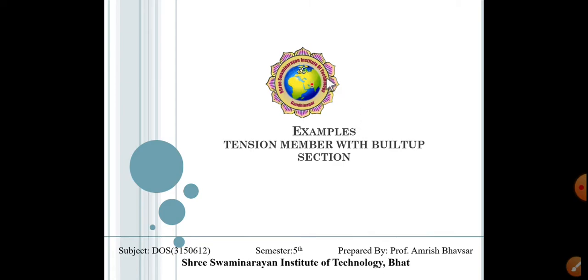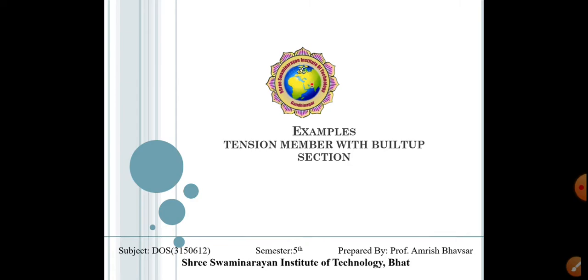In that case, we have studied finding out the different tension capacities of the member. The first one is strength for the cross section, the second one is strength for the rupture of net area, and the third one is block shear, if it is there.